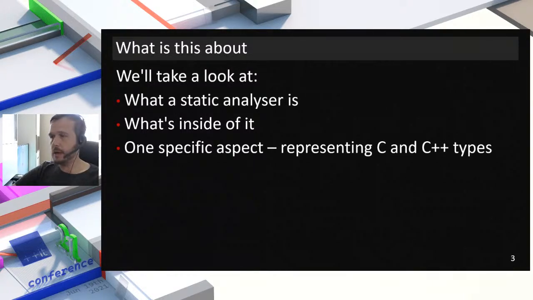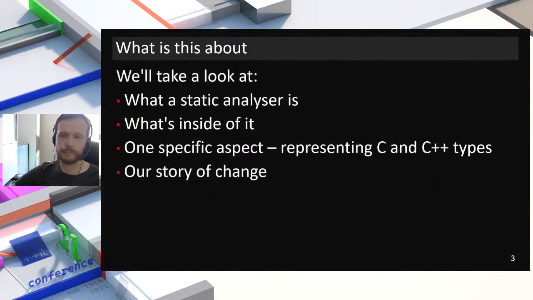One specific aspect is how types of C and C++ languages are represented internally. And that is because, spoiler, we are currently rebuilding our type system because the old one was kind of painful to use. I'll tell you about this also.